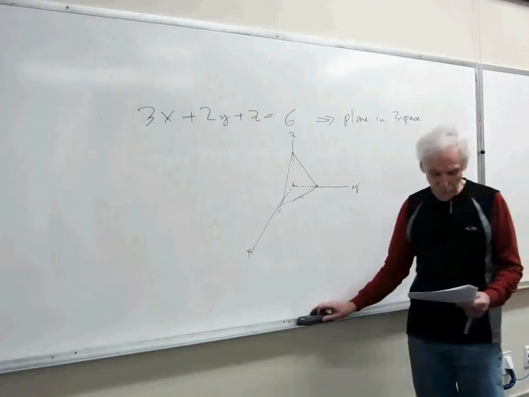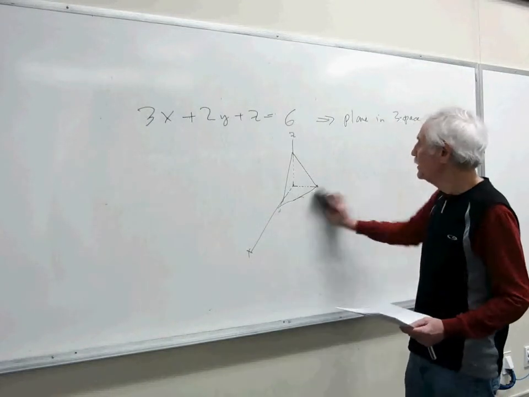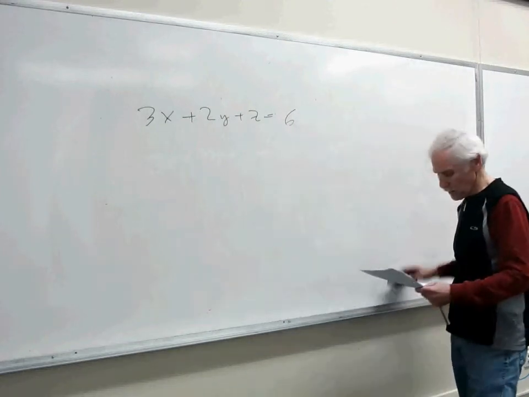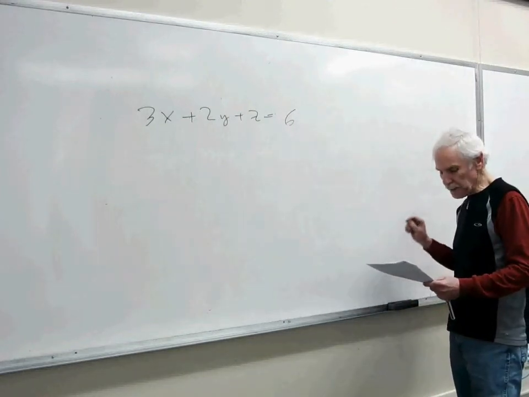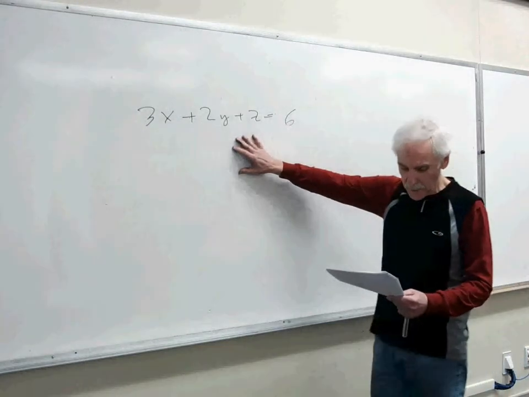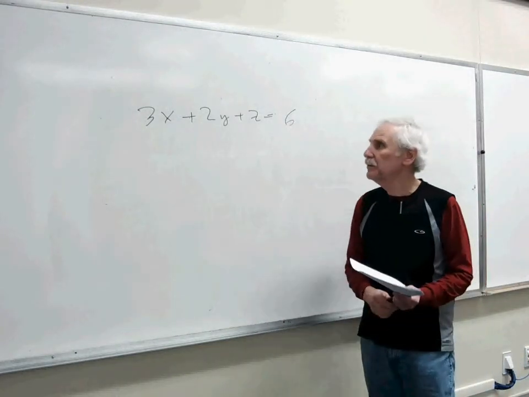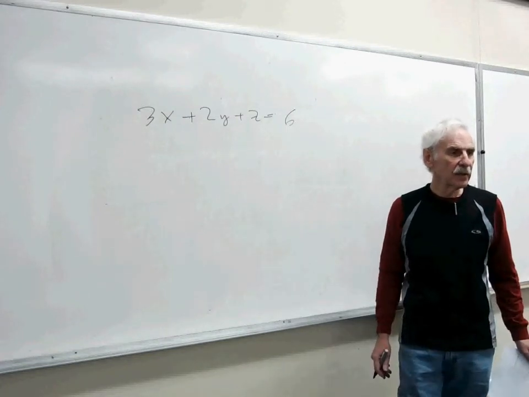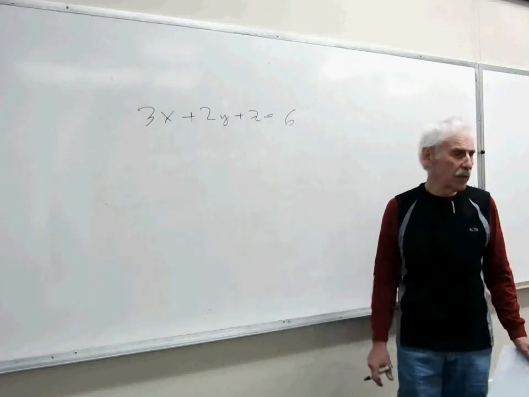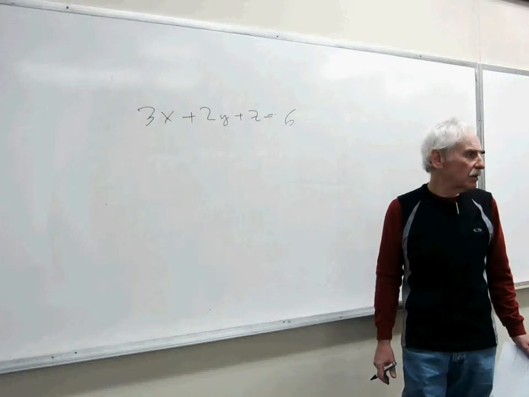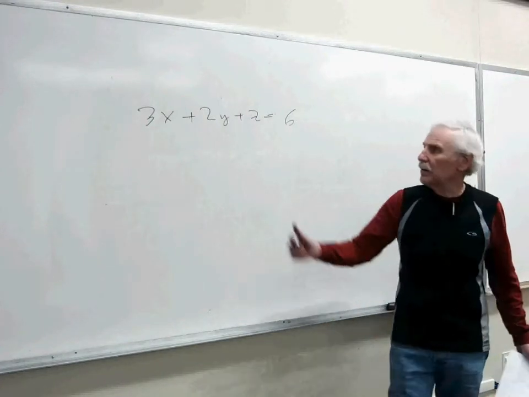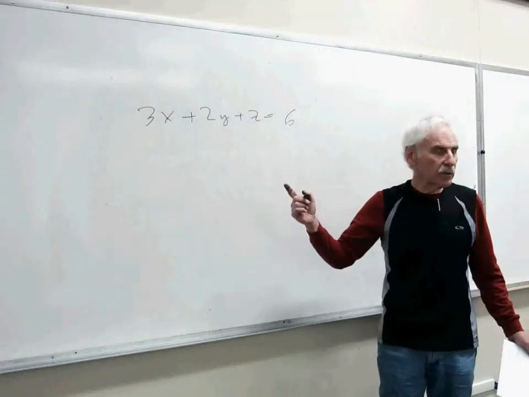Okay, question B. Does this object contain the origin? No, because you had said that when you did the little presentation. But why does this not contain the origin? What is the origin?